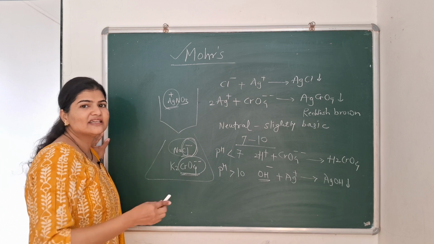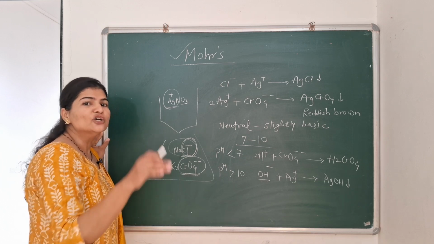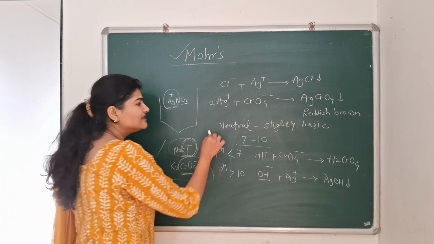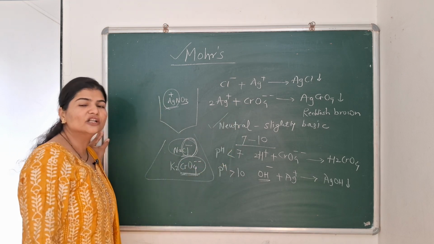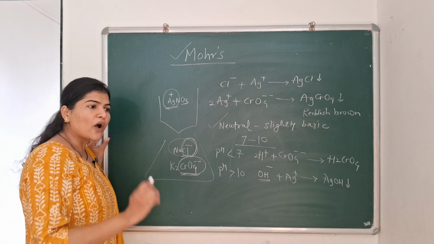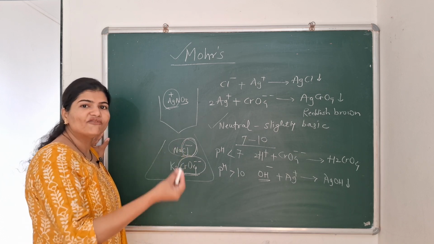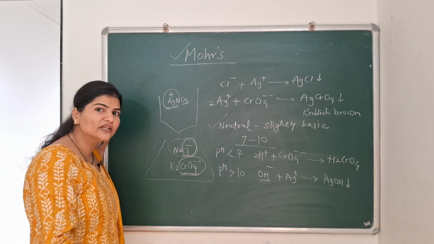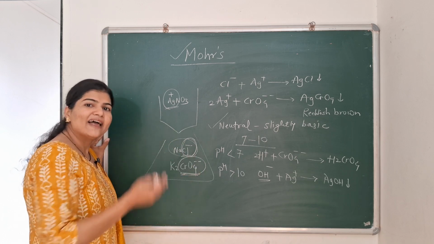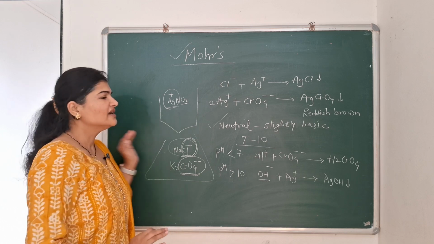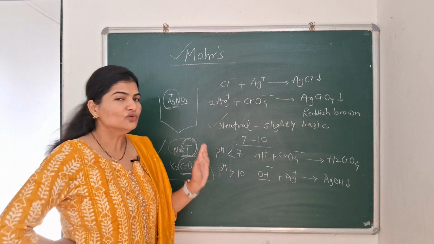Both these cases are not beneficial, so we have to take care that the condition is neutral to slightly basic. How can we do this? We can use a solution of sodium bicarbonate or borax, which will help us to maintain the pH in the required range of 7 to 10.